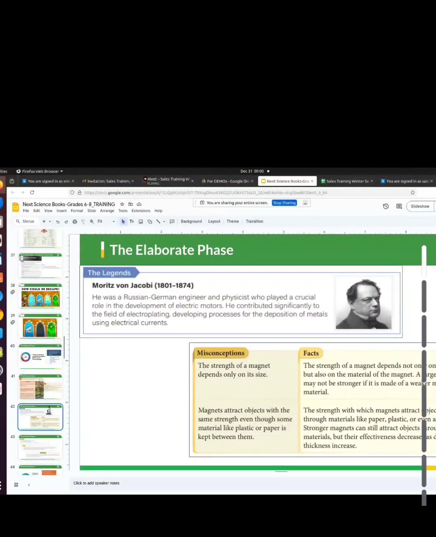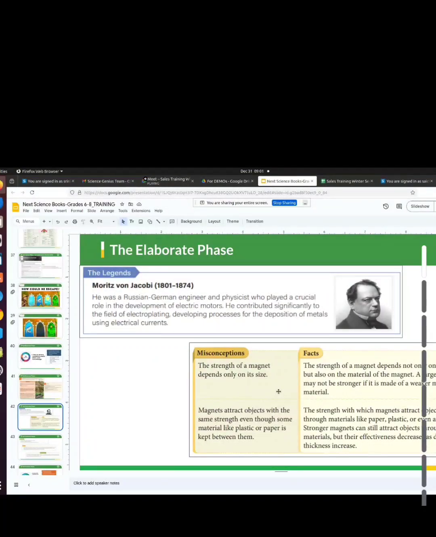And apart from that, every chapter has certain misconceptions and facts. Especially when it comes to science, there could be many misconceptions. So we tried to answer them, and we gave the actual reason behind the misconception and the actual fact. For example, you could see that the strength of a magnet depends only on its size is one of the very common misconceptions.